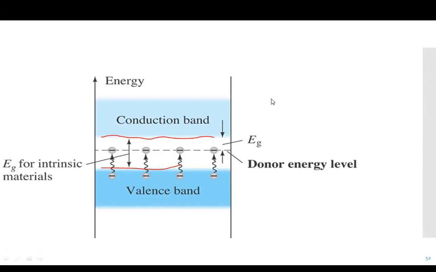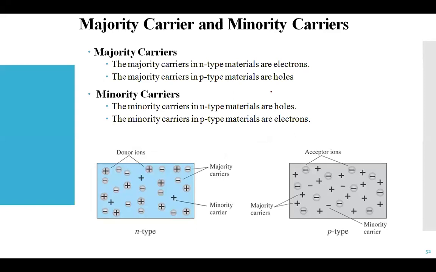Okay, so now if we go further, in the p-type and n-type, the majority carrier and the minority carrier, as in the process we already discussed, but we can see with a different structure over here. If you talk about the majority carrier, the majority carriers in the n-type materials are the electrons, right? Because we have five valence electrons in the atom or the material we are using in the n type of the material.